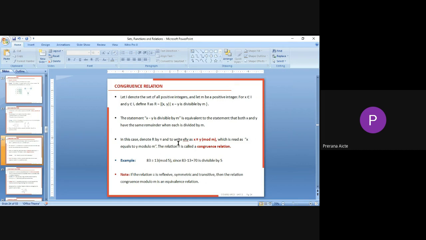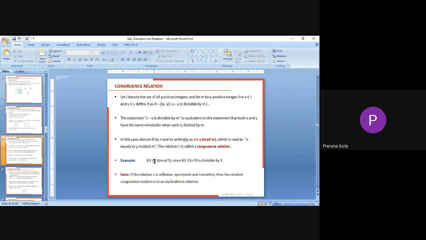I can represent this as x is congruent to y modulo m, that is, x ≡ y (mod m). So this relation we call a congruence modulo relation.